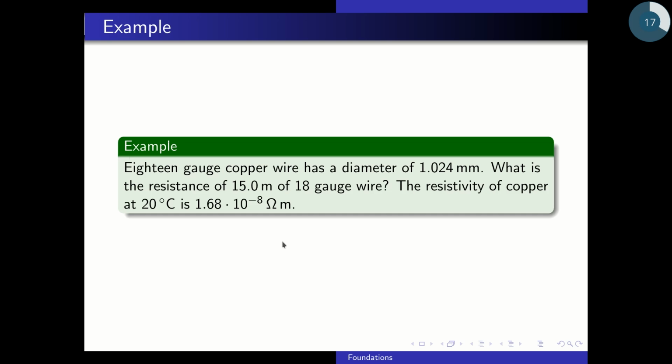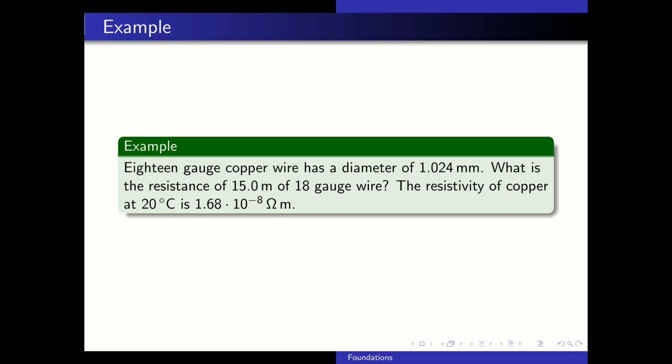All right, so let's take an example here. We have 18-gauge copper wire, and it has a diameter of 1.024 millimeters. We'd like to know what the resistance of 15 meters of that wire is, given that the resistivity of copper is about 1.68 times 10 to the negative 8th ohm meters at 20 degrees Celsius.